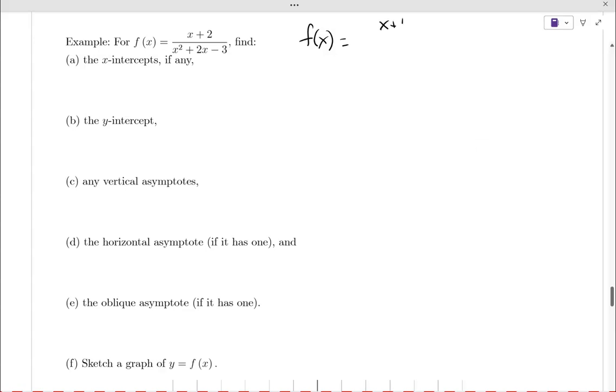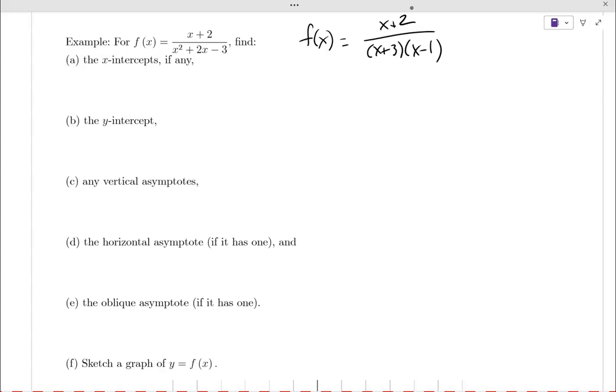No, but what about the bottom? Good. Do that first. Factor anything that you can. That's going to help you answer x-intercepts and vertical asymptotes, and also tell you whether or not you've got a hole, right? If you reduce it to lowest terms, you might have a hole instead.